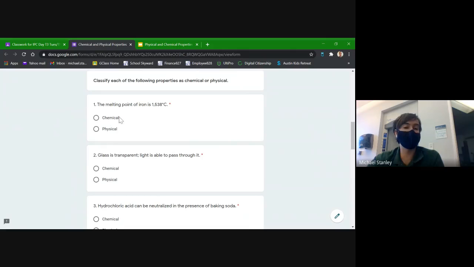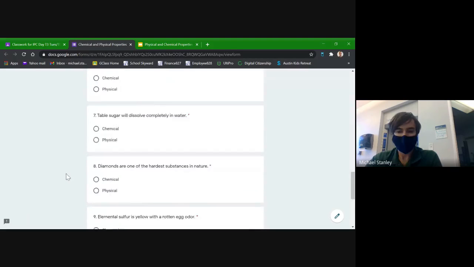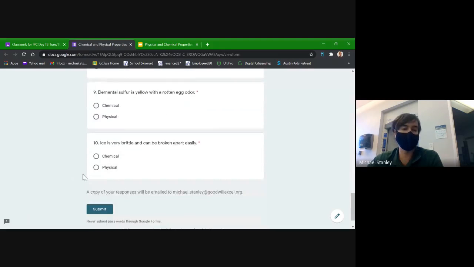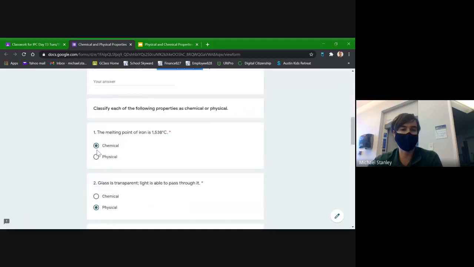So on the Google Doc version, you'll just go through and for each question, indicate if you think it's a chemical property or a physical property, whichever one you think best. If you do the Google Docs version, then there's just little blanks next to the properties where you're going to type in a C or a P for chemical or physical. It's a relatively short one for today, just 10 questions plus those couple first ones about the piece of wood.